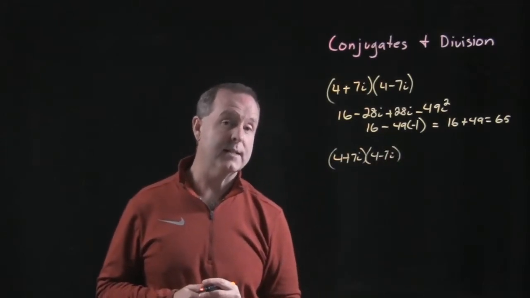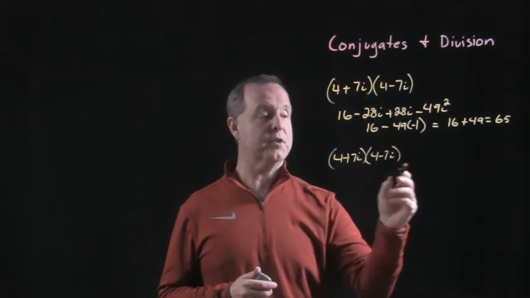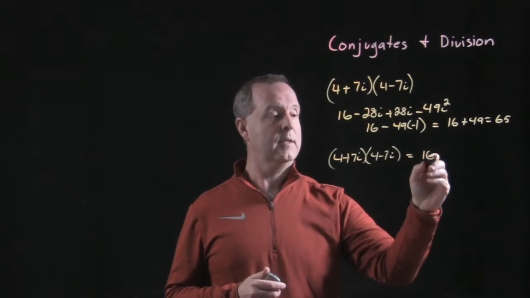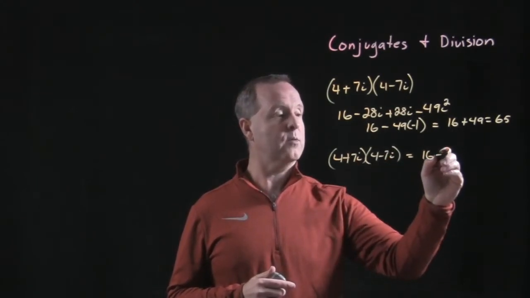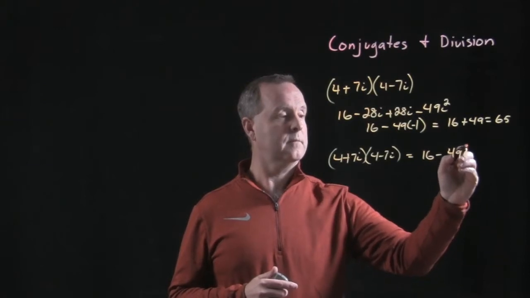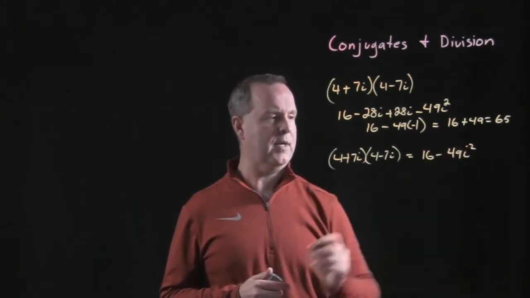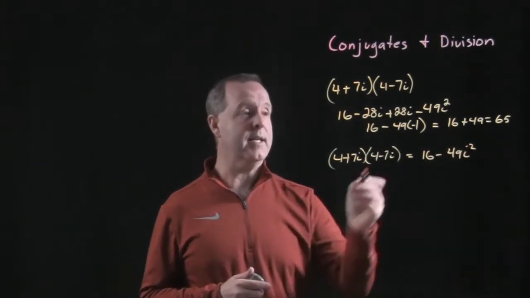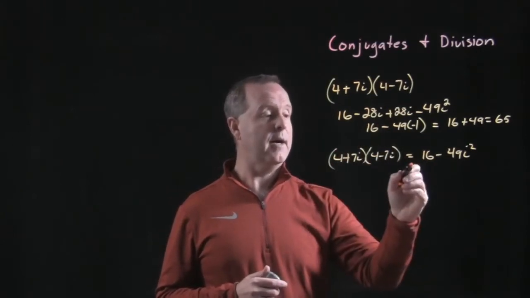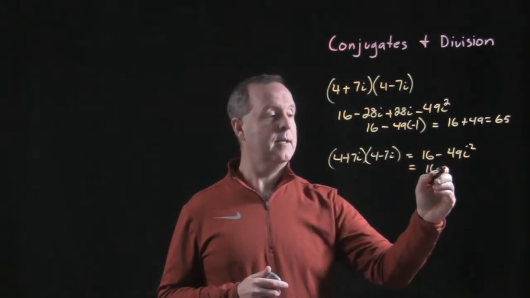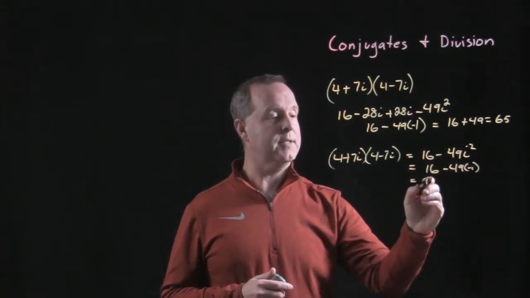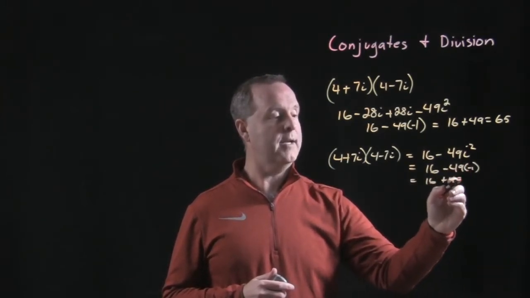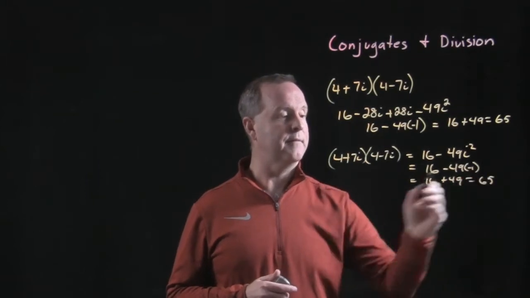If I recognize it as a difference of two squares, that's first term squared take away last term squared, which is 49i squared. Try to get the i squared in there. And you can see I'm back to where I was earlier. This becomes 16 minus 49 times a negative 1, which equals 16 plus 49 and equals 65.